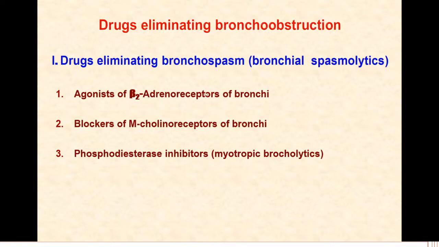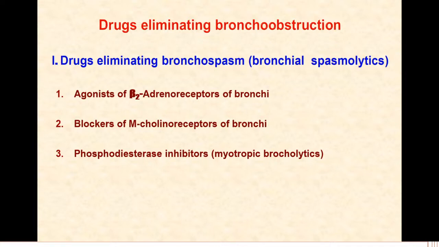How is stimulation of beta-2 adrenoceptors associated with decrease of calcium? In the bronchi, beta-2 adrenoceptors are localized. On stimulation of these receptors, first of all, a specific G protein is activated that leads to activation of a special enzyme, adenylate cyclase.